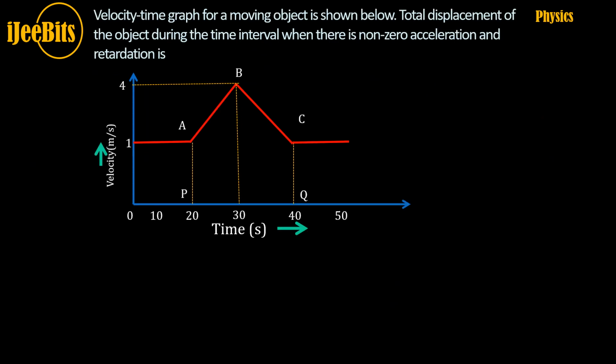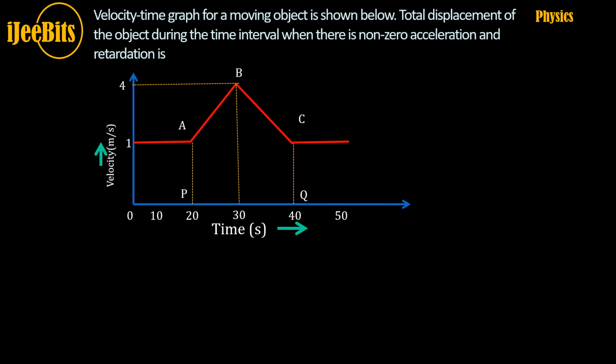Now let's look at this problem statement. Velocity time graph for a moving object is shown below. VT graph. So the object's motion can be described from this plot. So what is the ask?